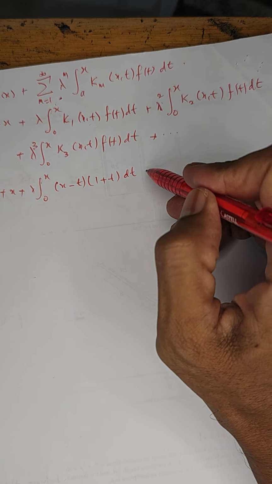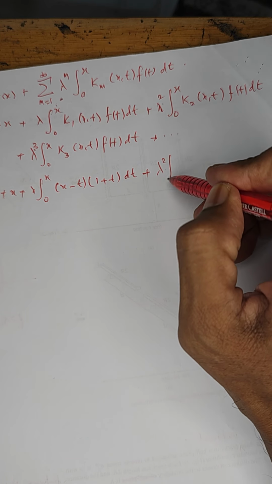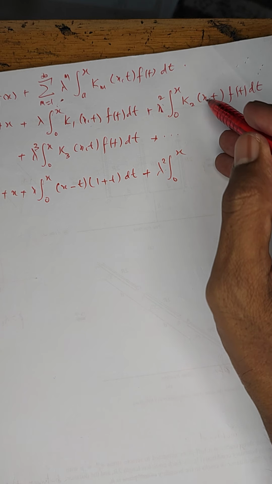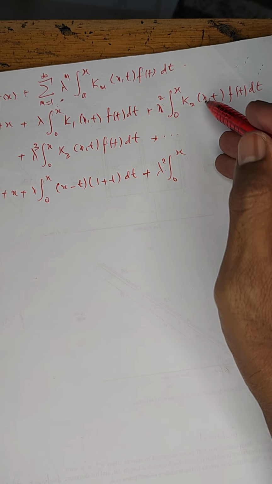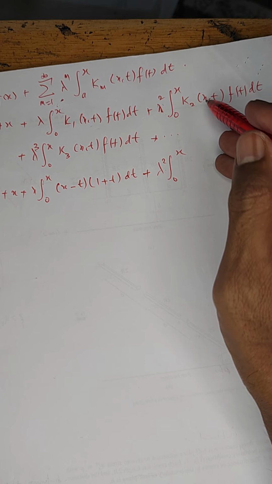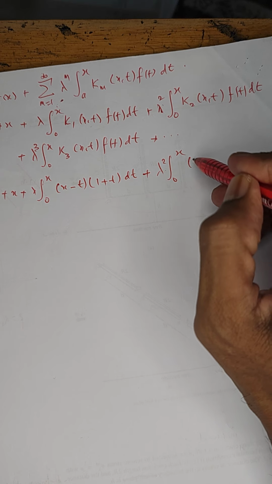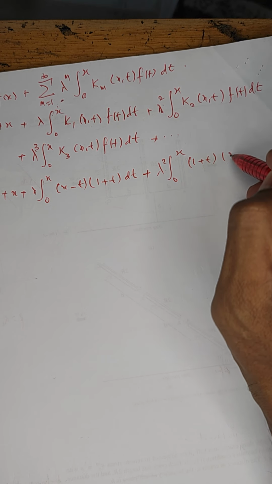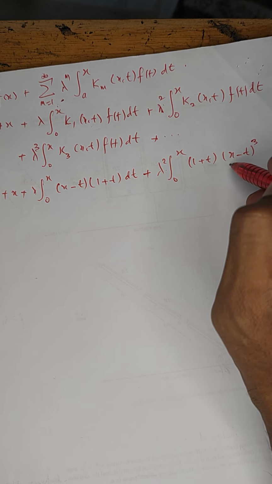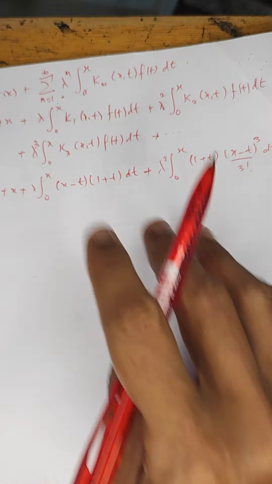Then plus lambda squared times the integral from 0 to x of k2, which is x minus t cubed over 3 factorial, and then f(t) is 1 plus t, dt.